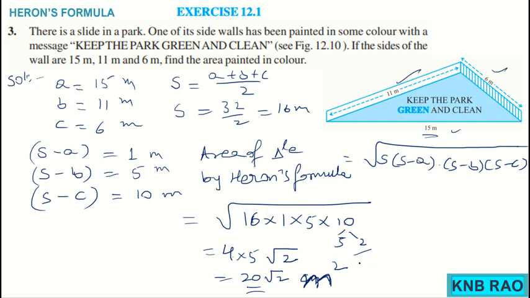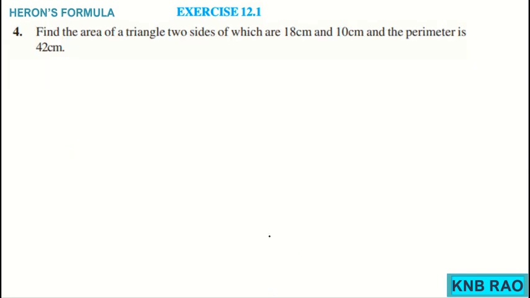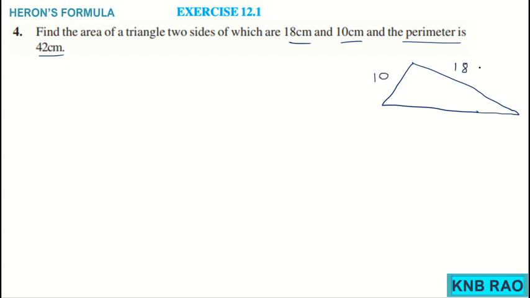Now moving on to question number 4. Find the area of a triangle, two sides of which are 18 centimeter and 10 centimeter, and its perimeter is 42 centimeter. See children, in a triangle, when I am given two sides and perimeter, I can find the third side.